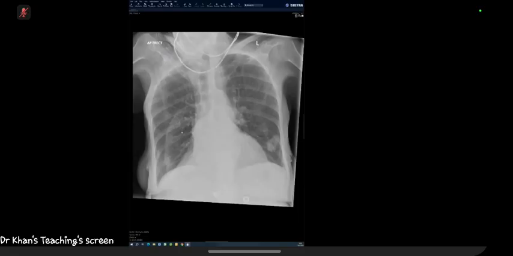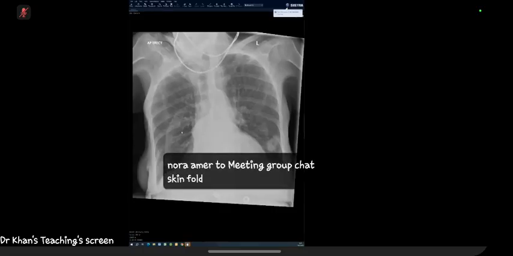So could it be atelectasis? Or, if it's not in the lung, what is it? Is it a pleural collection, an empyema, perhaps? If it's not within the bony cage of the thorax, what is it?